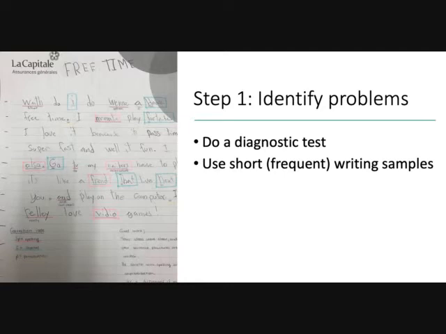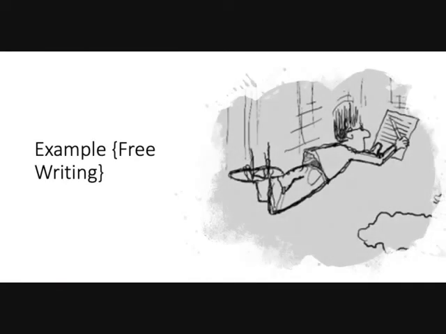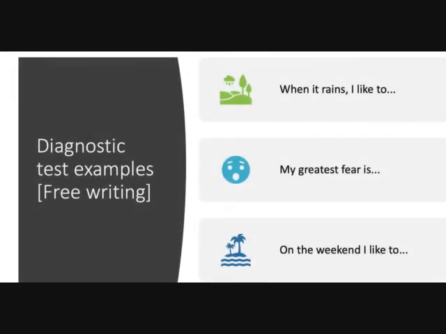You can collect a whole bunch of writing samples from the students and look at the errors that they're making and say, okay, what does the class as a whole need to focus on? Okay, so we need to identify the problem. You can do this through all kinds of free writing. And yes, I talked about it at the beginning of the year, but I would suggest doing it fairly frequently. Collect writing samples as much as possible.